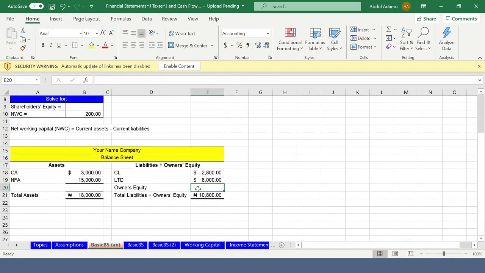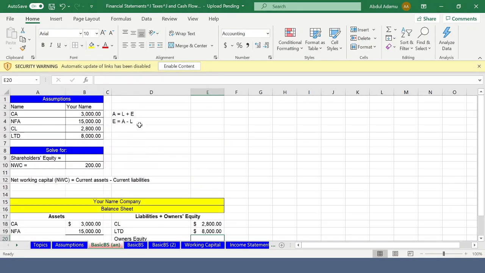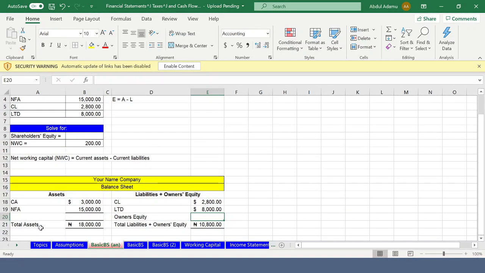Then our owner's equity, if we use the accounting equation, equity is asset minus liability. Our total asset is 18,000.